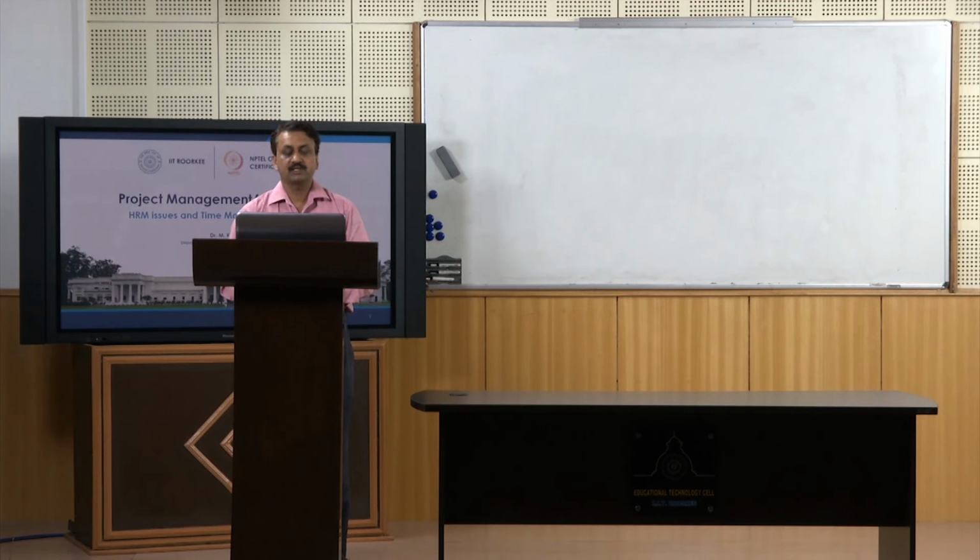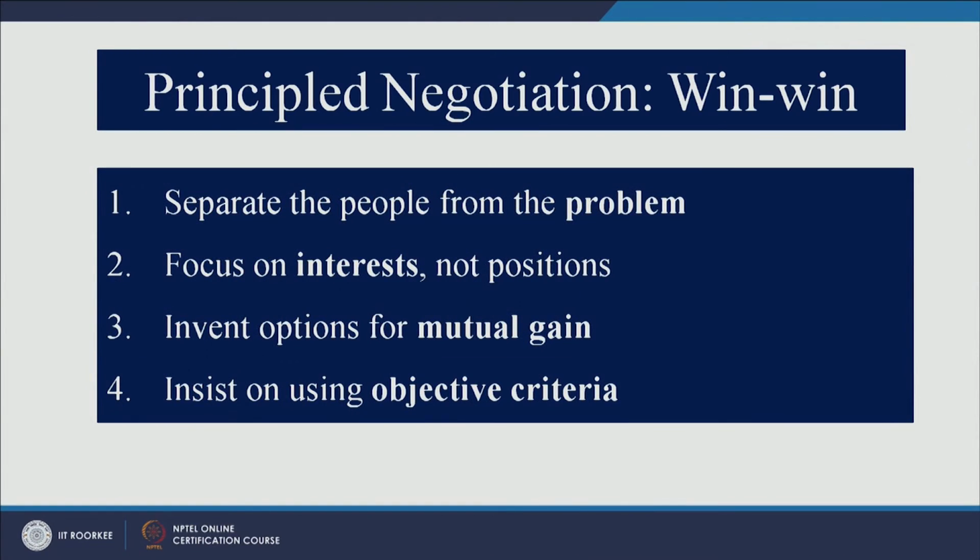So when you go for negotiation, just look at these questions, right. Principled negotiation is, of course, whenever you go for negotiation, it is always suggested to have a win-win situation for both the parties or all the parties, right. So these are a couple of principles of negotiation. Separate the people from the problem. This is very important.